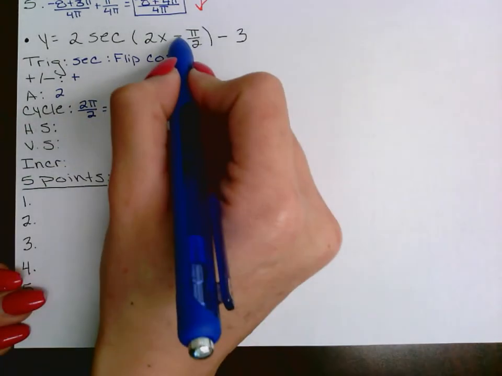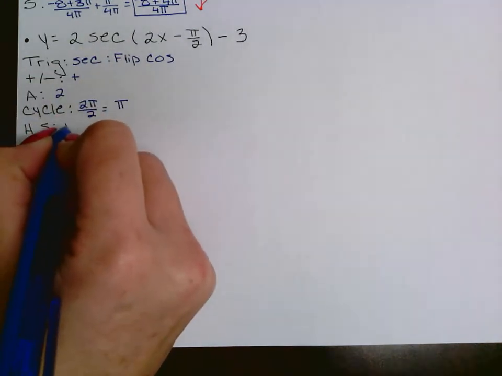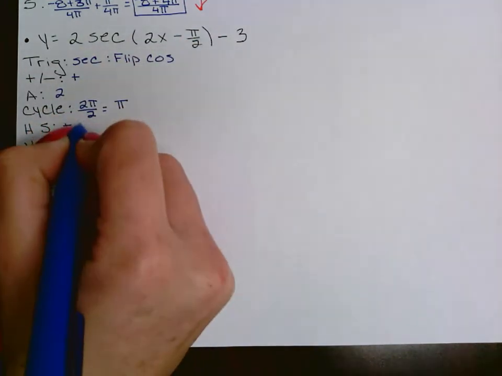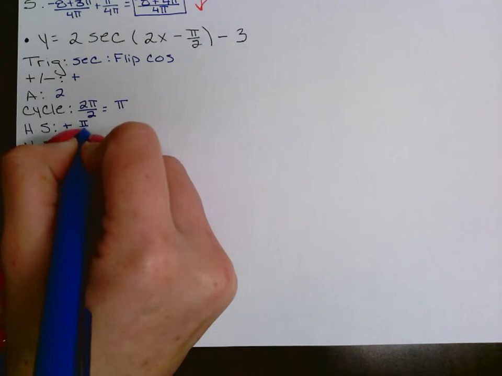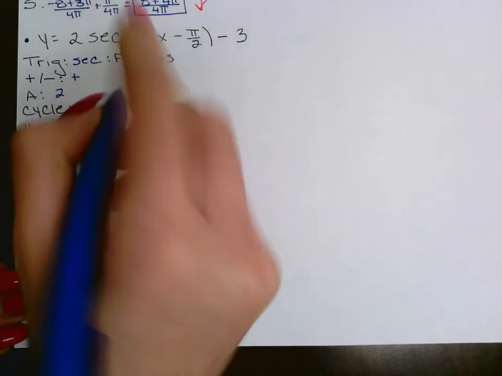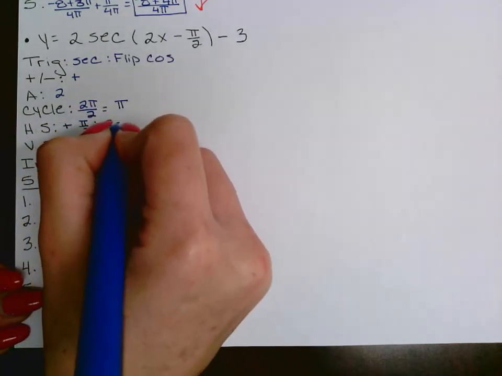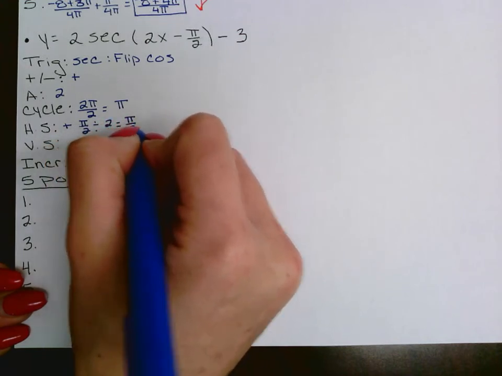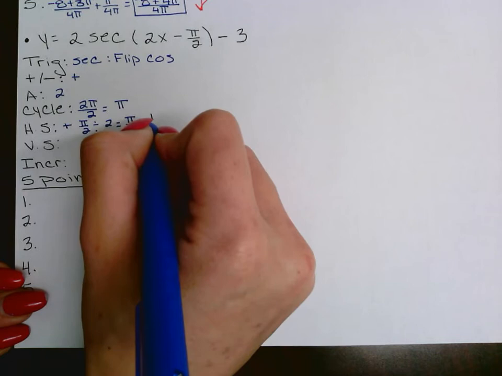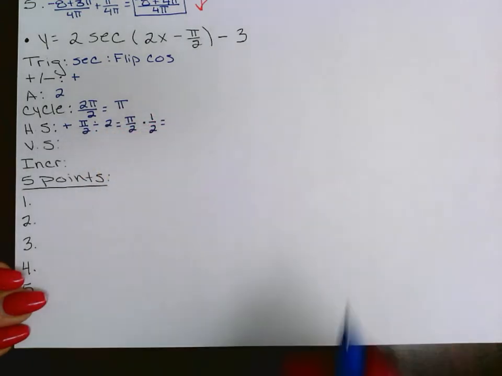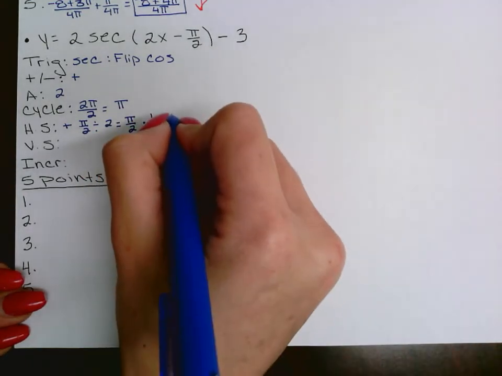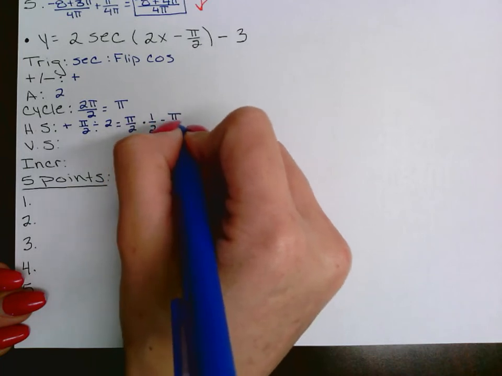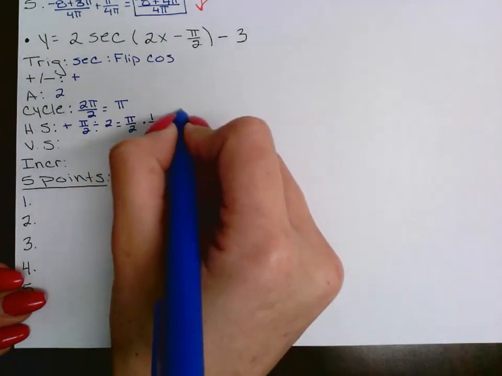Horizontal shift is negative here, so I'm going to be positive. And it is c, which is pi over 2, divided by b, okay? When I work that out, dividing fractions, you multiply by the reciprocal, or some of us remember keep, change, flip, and I end up with pi over 4, okay?